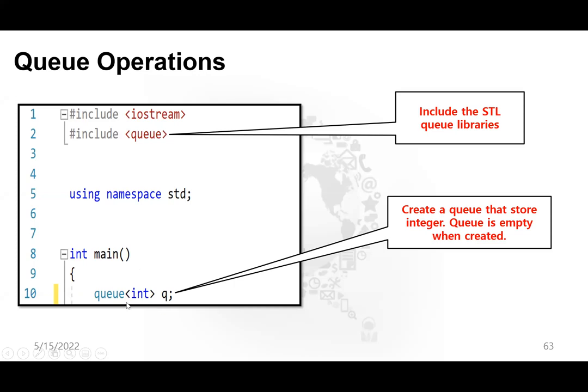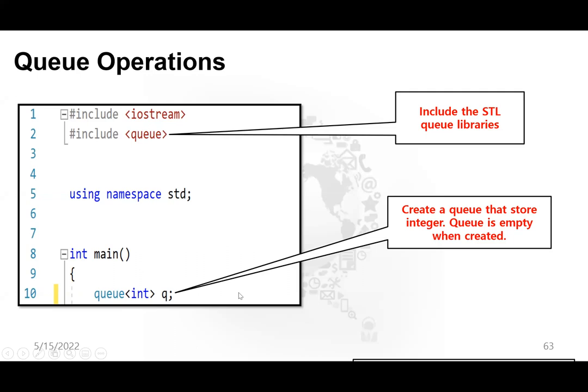So here we create a queue that stores integers, and then this is the name of your queue. Just like the stack and the linked list, when you have just created this queue, if you check whether it's empty or not, it will be empty because we haven't inserted any items inside it.